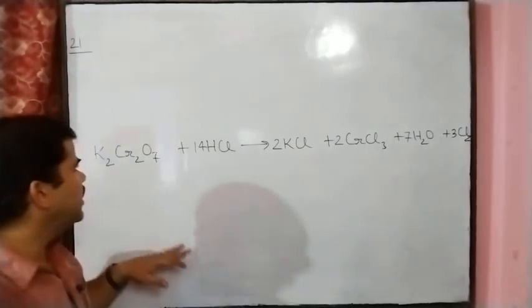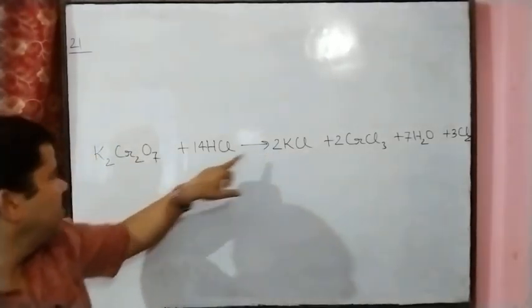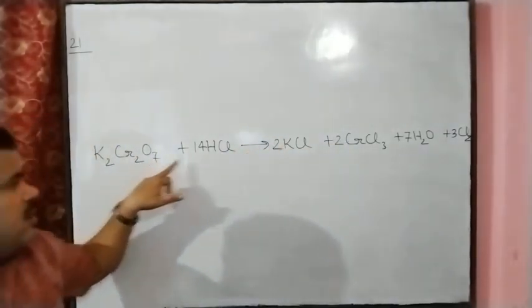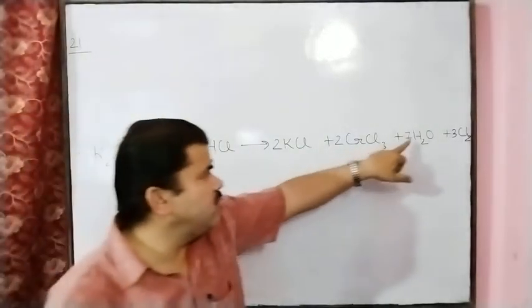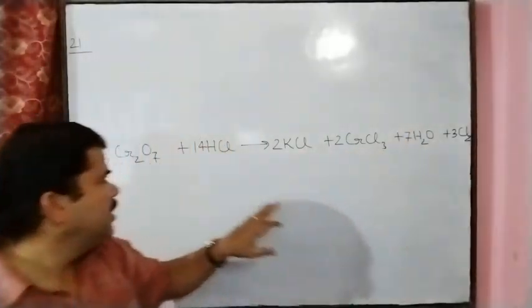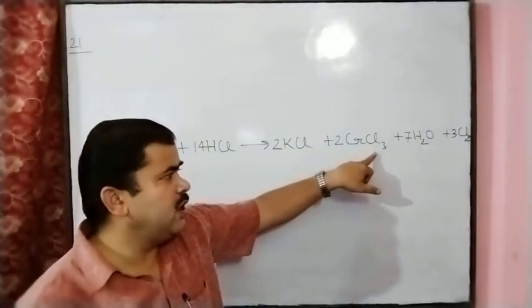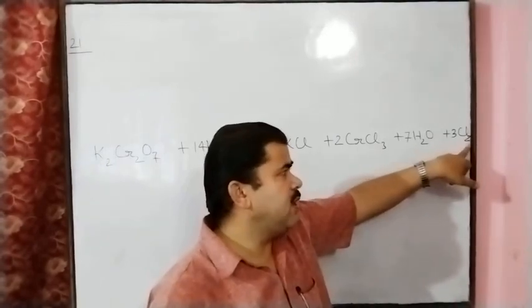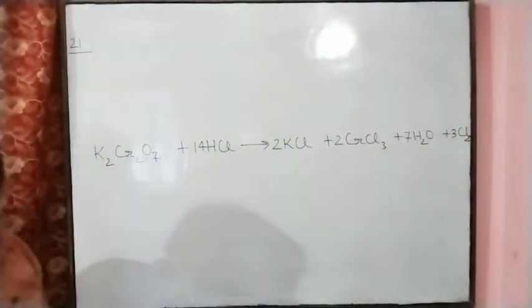So all the things are balanced: potassium 2, chromium 2 balanced, oxygen 7 balanced, hydrogen 7 times 2 is 14 balanced, and chlorine 14: 2 here and 6 here, total 8, and 6 here, so 8 plus 6 is 14. So chlorine is also balanced.